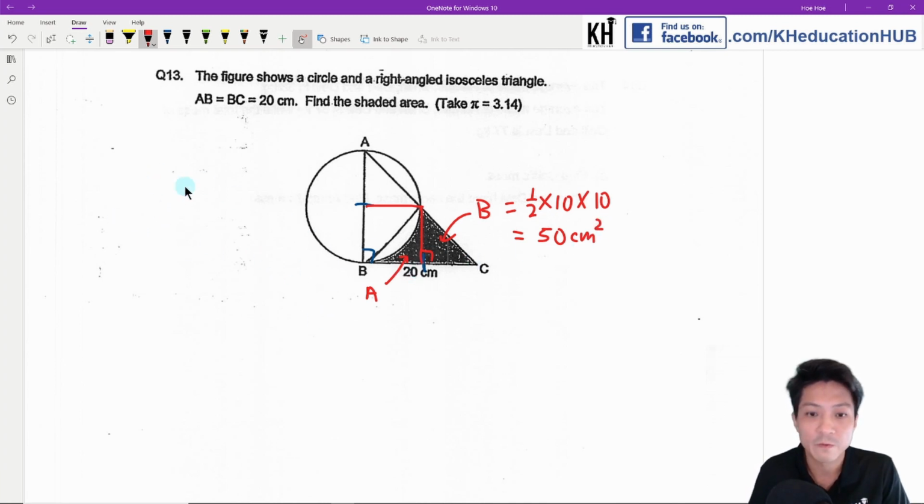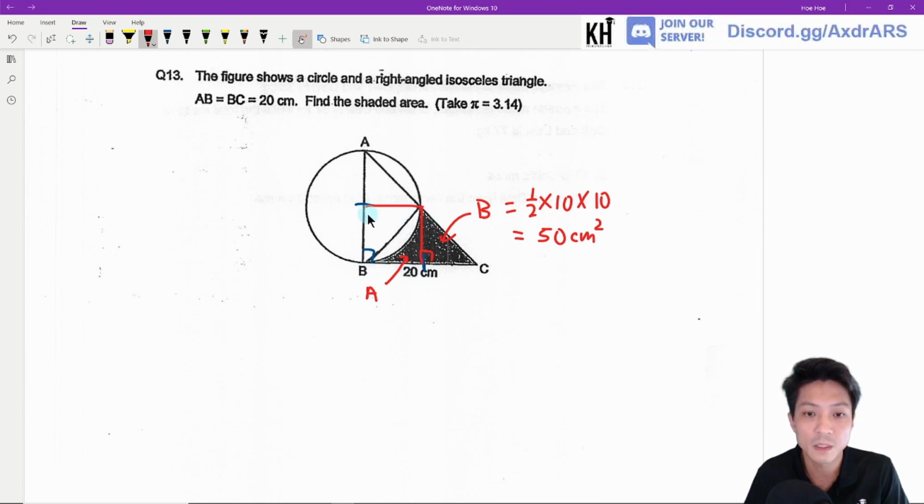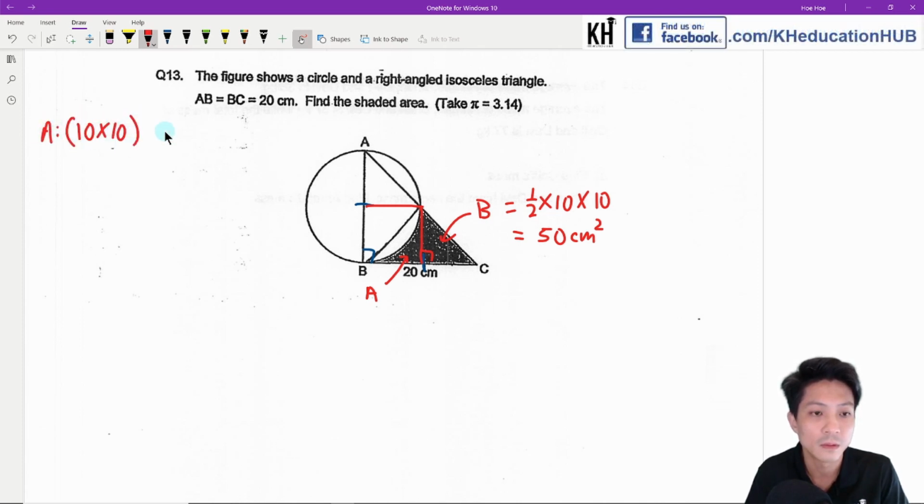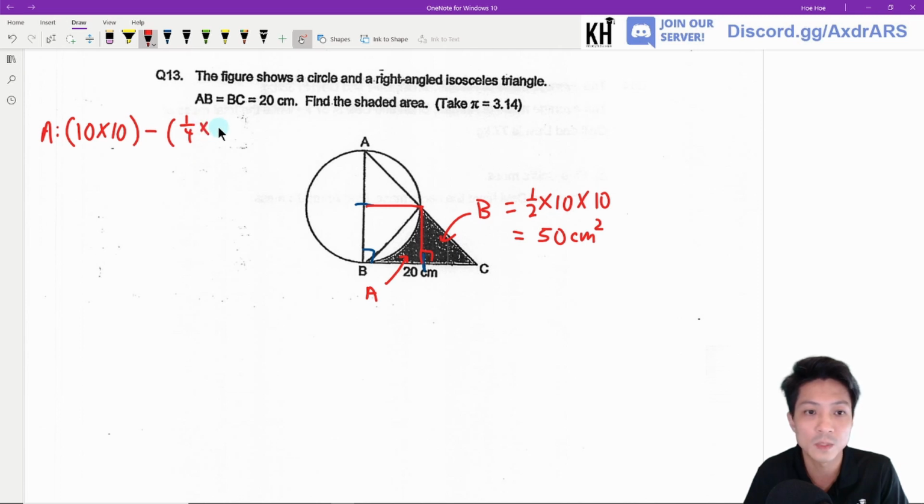To find the area of A is a bit more complicated. I need to use the area of this square, which is 10 times 10, and then I need to minus away the quarter circle. The radius of the circle is 10, so I'm going to use a quarter times pi times 10 squared.